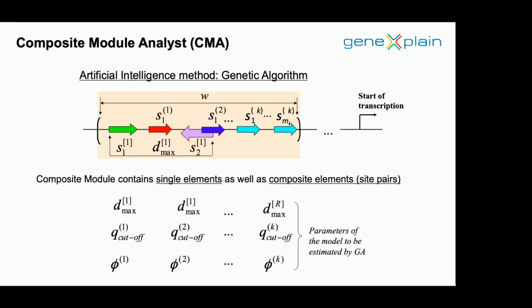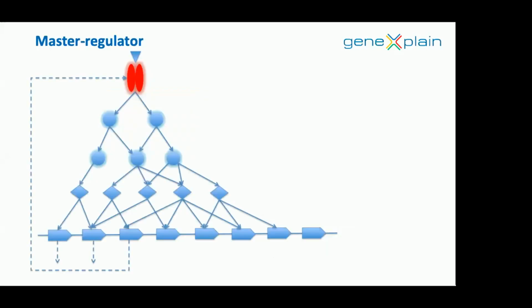So it takes all the regions of interest from the genes which are differentially expressed, and then it tries to find the best combination of transcription factor binding sites. So this is the core of our algorithm to search for the master regulators.